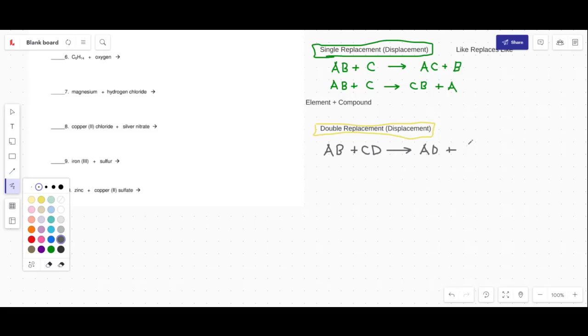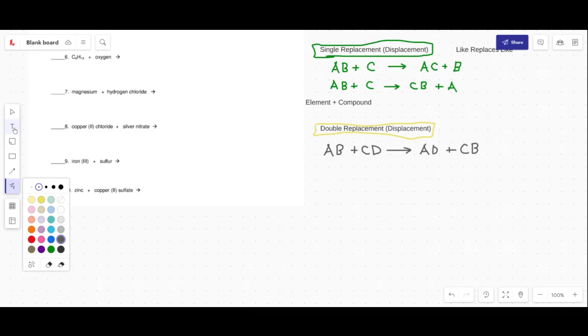Because remember, when you have an ionic compound, the metal is always listed first, and the nonmetal is always listed second. These could be polyatomic ions, and they could switch places, etc. But yeah, this is a double replacement reaction.